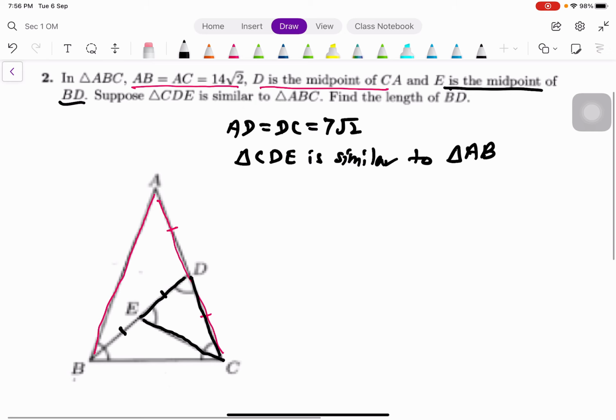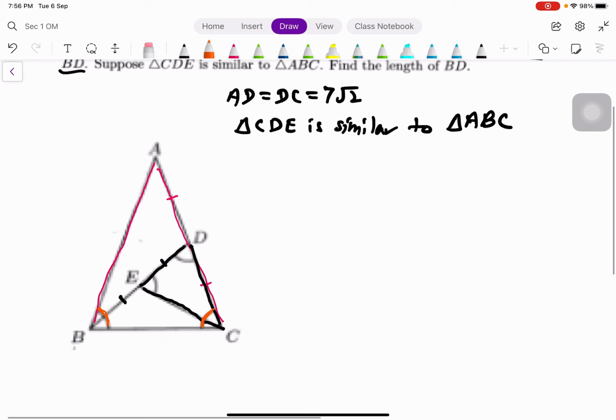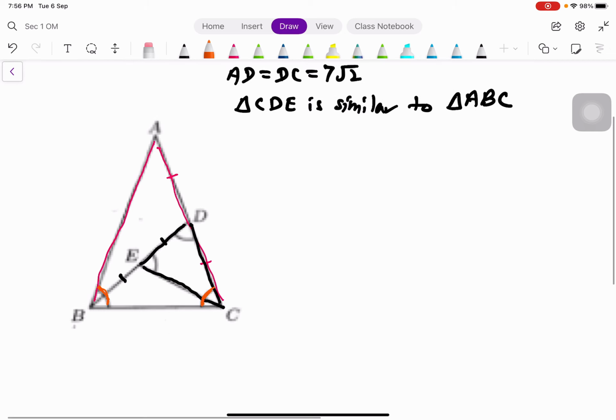The first thing I want to highlight is that this angle is equal to this angle, because AB is equal to AC. They are the base angles of an isosceles triangle.